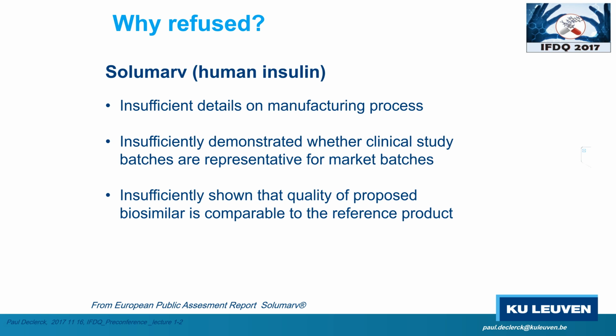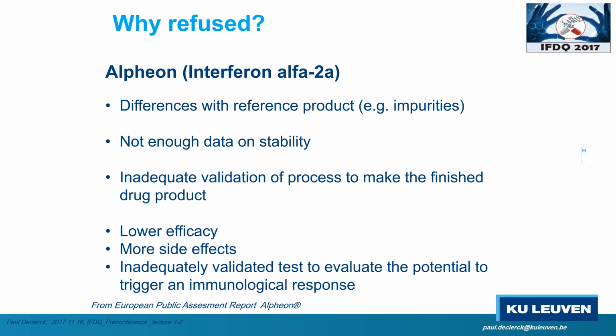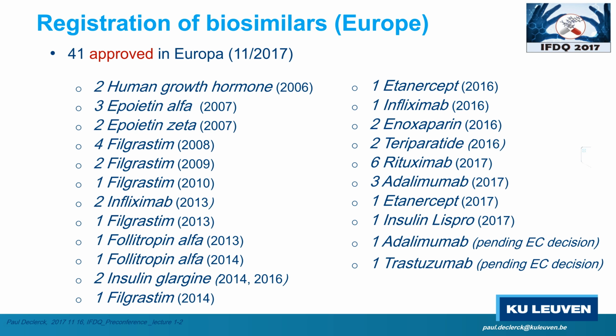Insufficient quality, for instance, with respect to comparability. Here we have some important differences with respect to impurity, for instance, a lower efficacy for this proposed biosimilar of interferon alpha-2A, which also demonstrates that they look at all the different aspects.